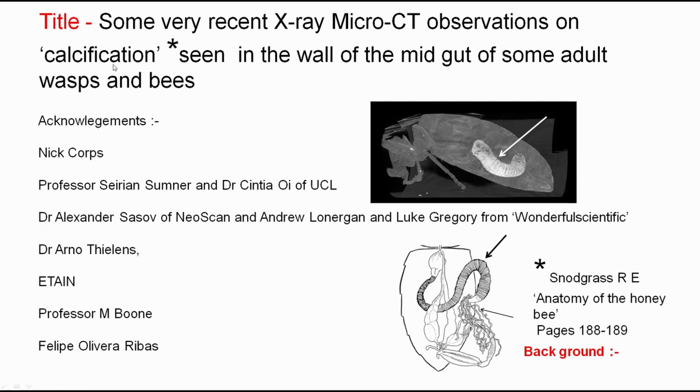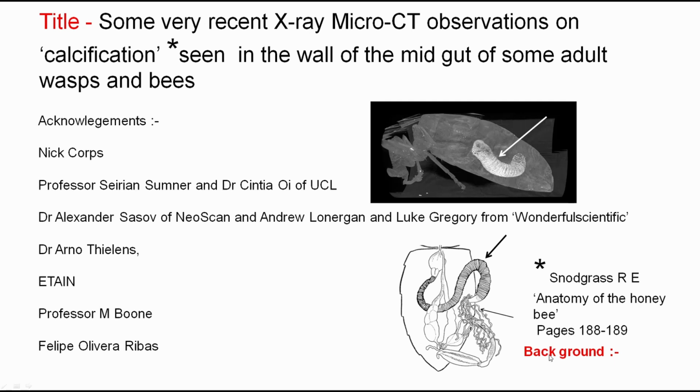You may challenge me to say, how do I know that this is due to calcification? And I would say I don't, but there's quite a good discussion on the possibility in Snodgrass's wonderful book.